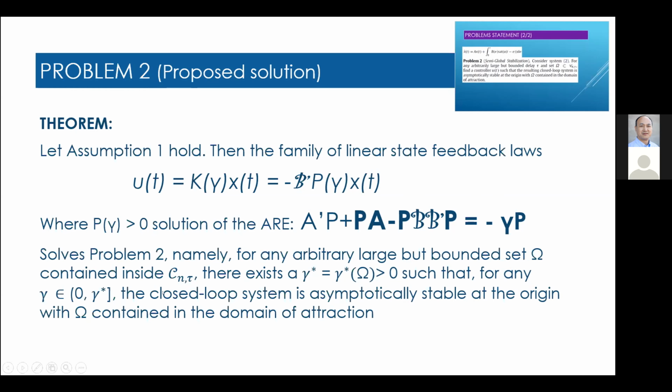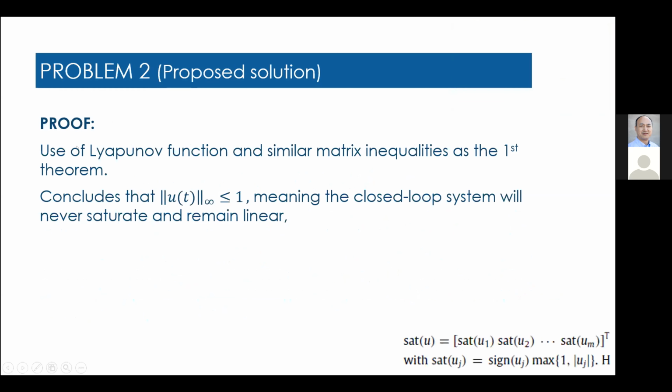And again, this is only to make the closed loop system stable, but for semi-global stability. And the domain of attraction, from what I could gather, is a set of initial state vectors from which tracking is feasible. So the proof, again, is similar to proof number 1, where they use a Lyapunov function and some inequalities.